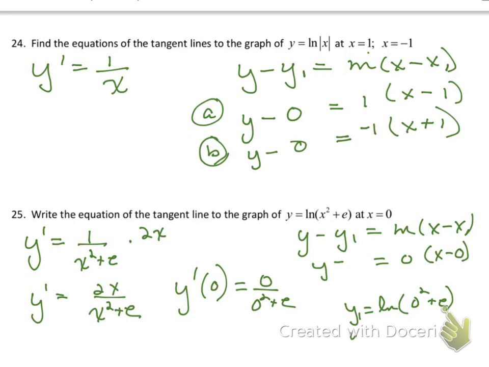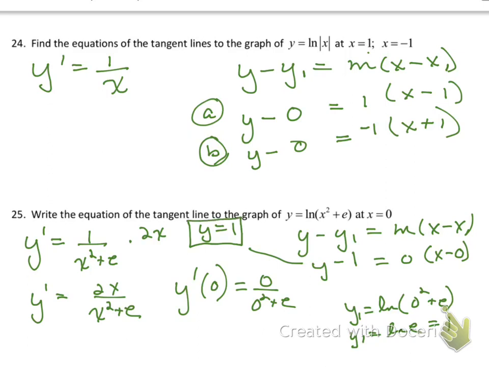So y1 will just be natural log of e, which we said previously was just 1. So y minus 1 equals 0 times x minus 0 is going to be your equation of the tangent line, but clearly we can change that to just y equals 1 and be done. So you've got a horizontal tangent line.